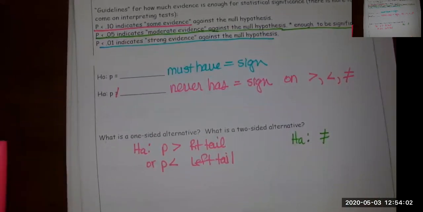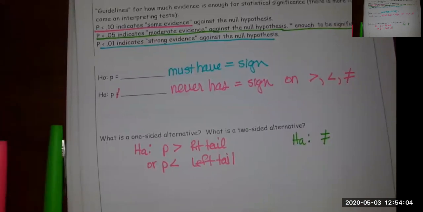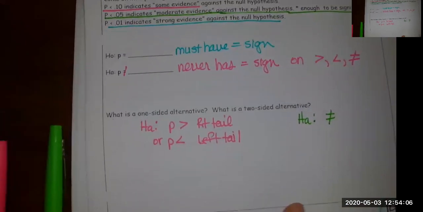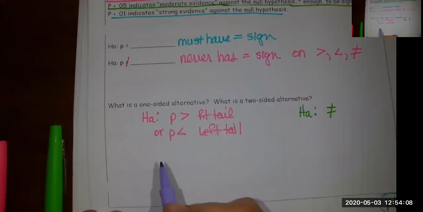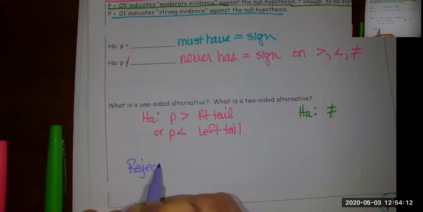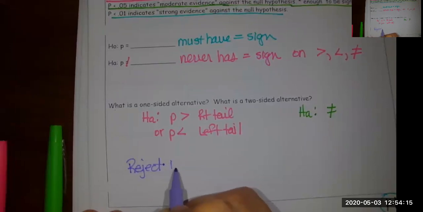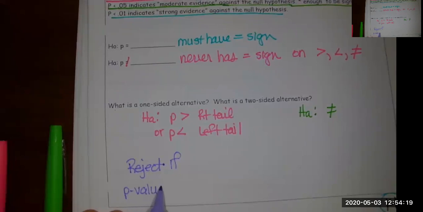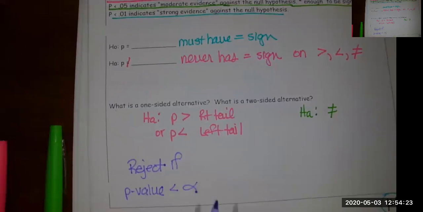And here's some important lingo. You know how we love our statistical sentences and buzzwords. So we will reject if the p-value is less than alpha.